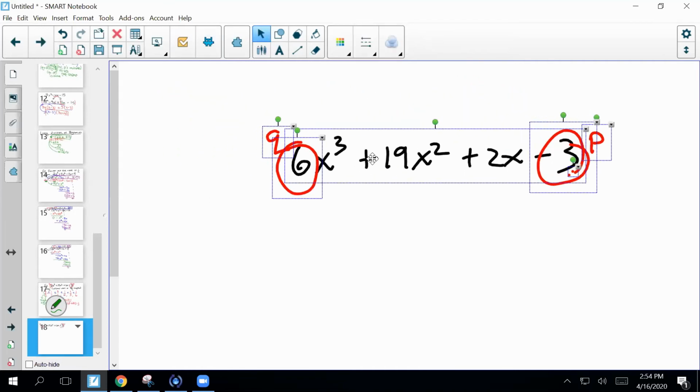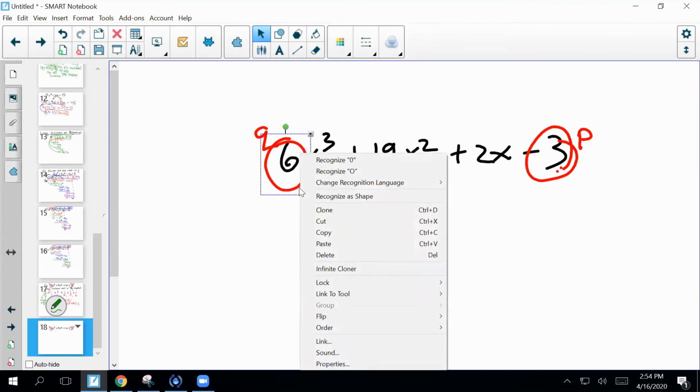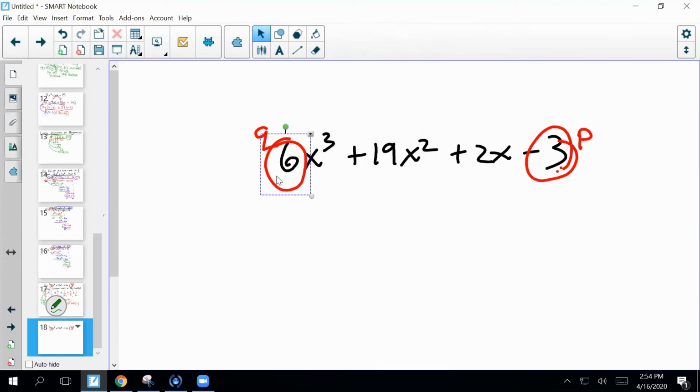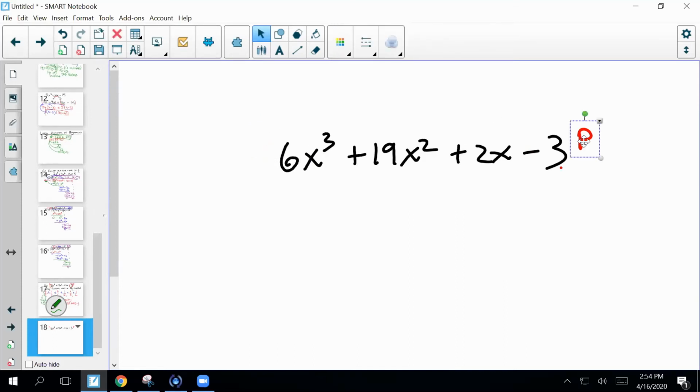Okay. So now we know that -3 is one of these solutions that we're kind of looking for. And that also gives us a root, because remember, roots and solutions are the same thing.